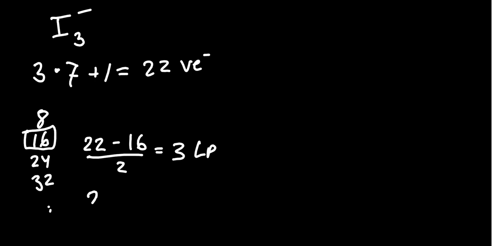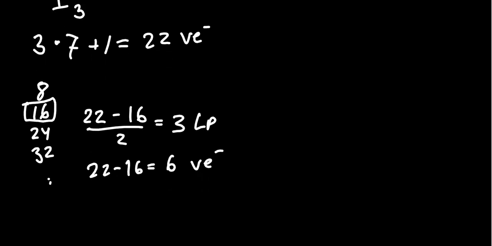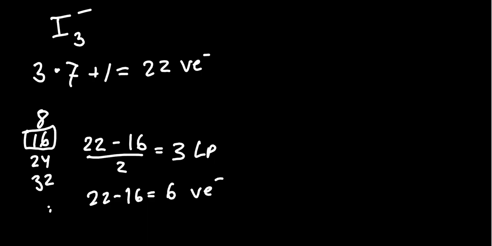You could also just subtract 22 minus 16 and get 6, and this is how many valence electrons you have in the central atom. But I'd like to think of it as lone pairs. So now all we need to do is draw the structure.